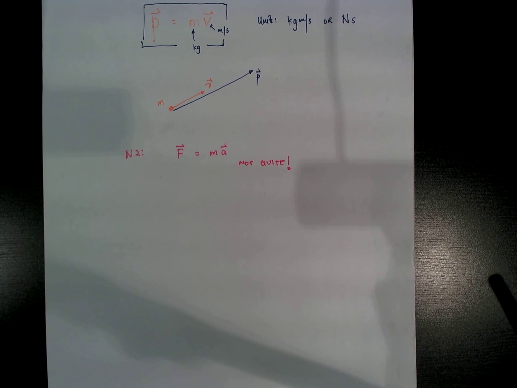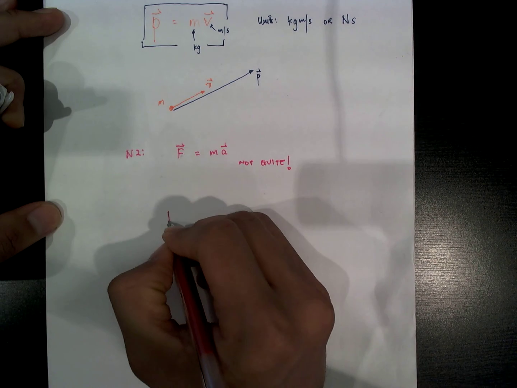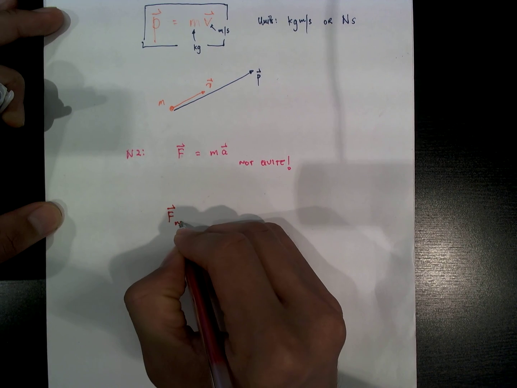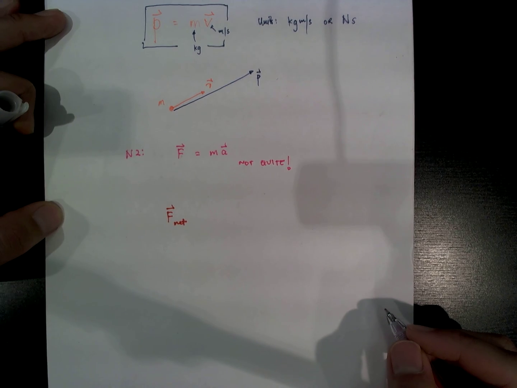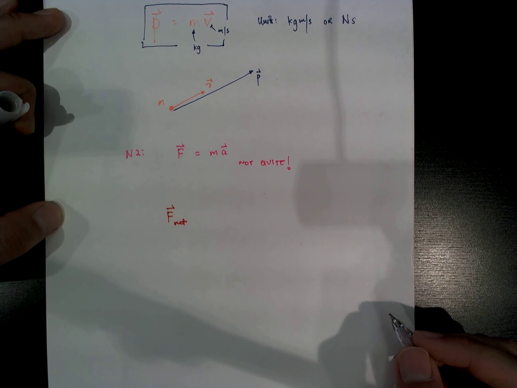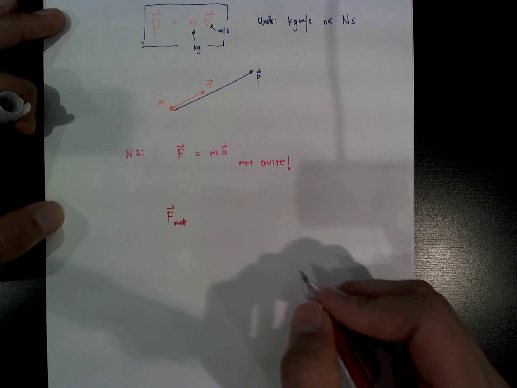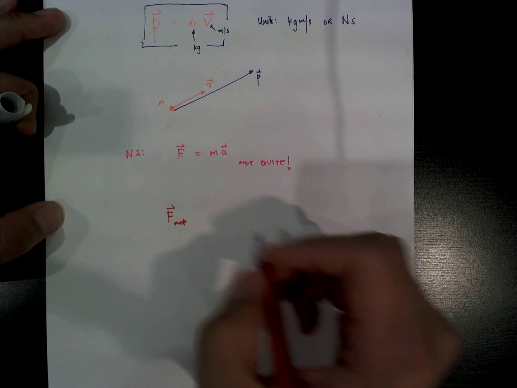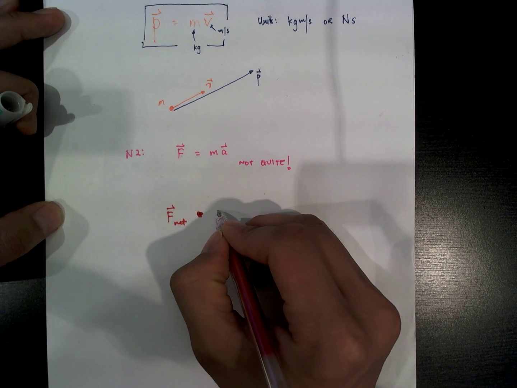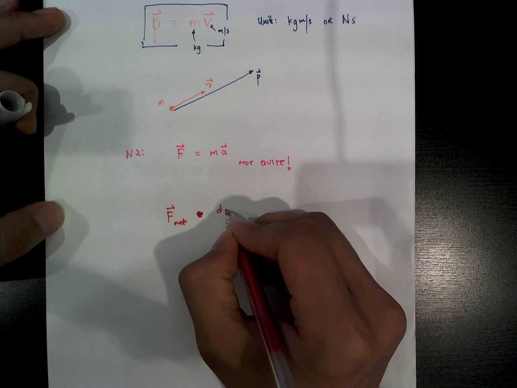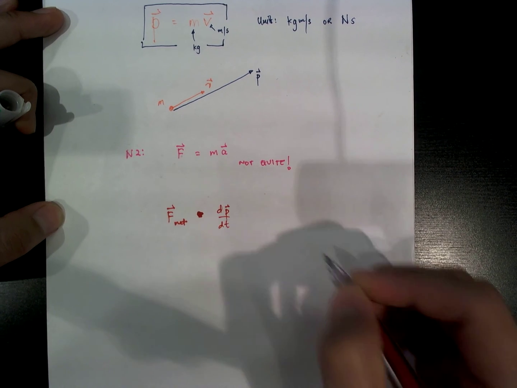And here's what Newton basically said. He said that the net force on an object, the resultant force you get after you vector sum all of the forces on the object, is equal to the rate of change of momentum.